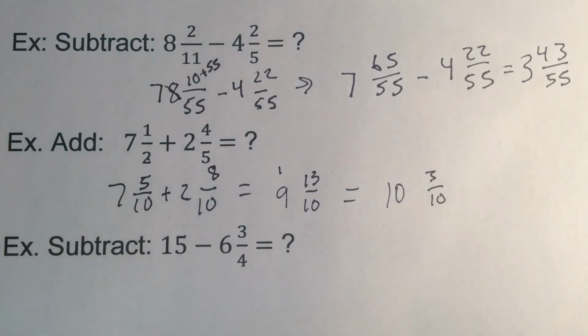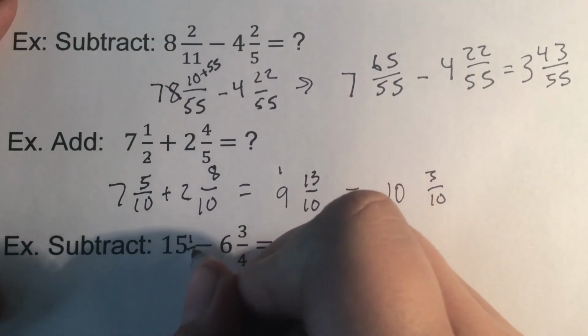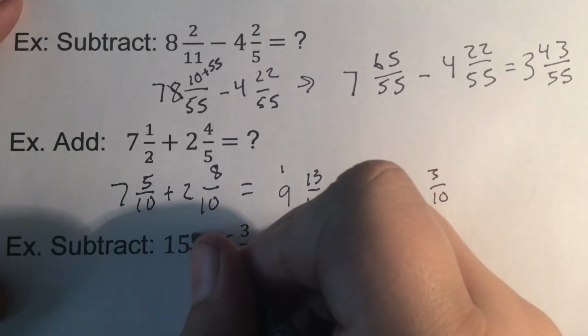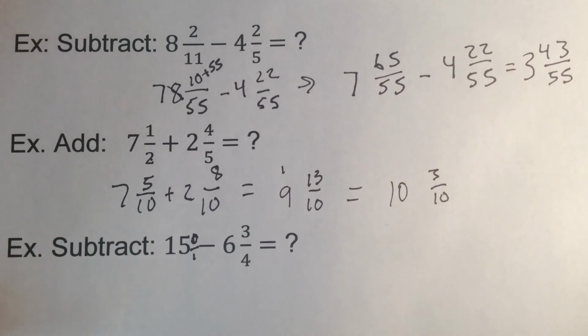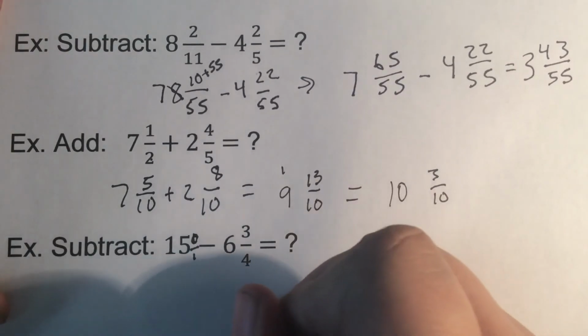Now, what happens if you just have a whole number subtracted? Well, that makes it easy because technically this is 15 over, well, technically 0 over 1, I should say, as the fraction. So common denominator between 1 and 4 is 4.